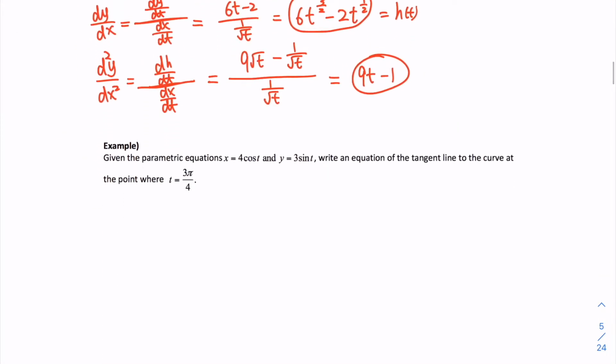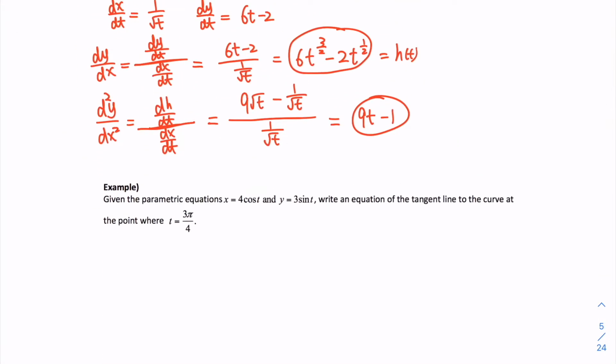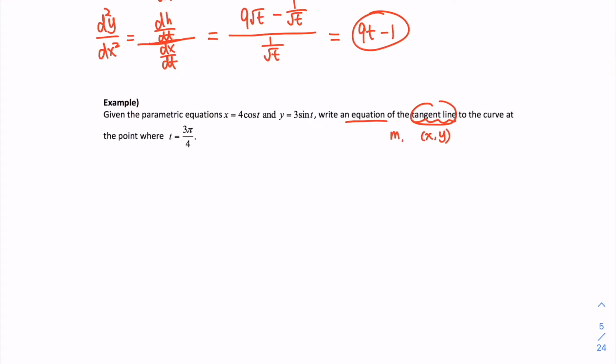Given x and y, how do we find the equation of the tangent line? As we know, in order to find the line, we need a slope and we need a point. So the slope is given by dy over dx. And we find the point by plugging in t equals 3 pi over 4.